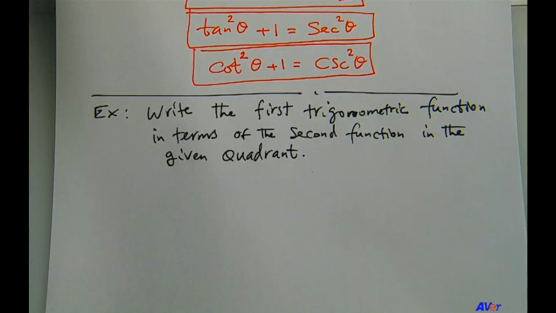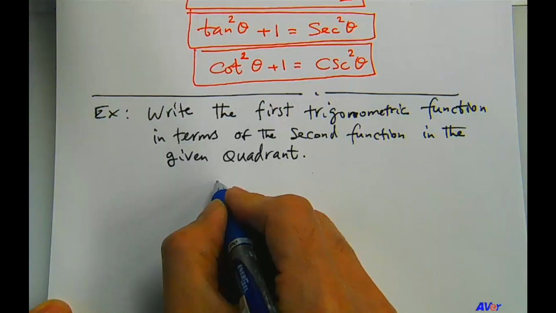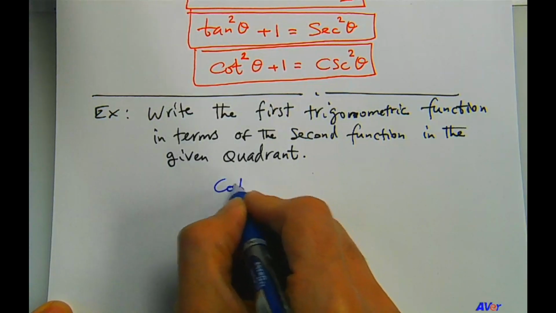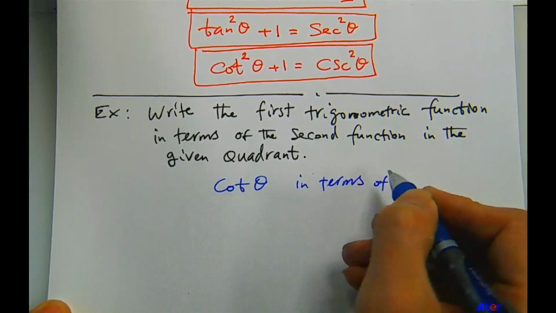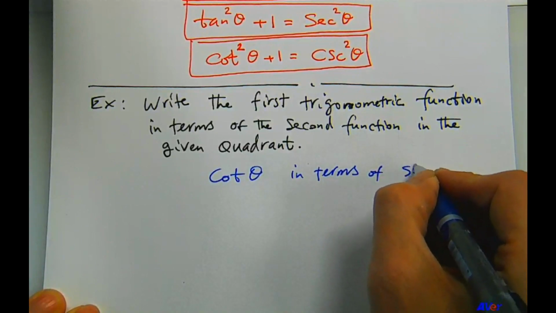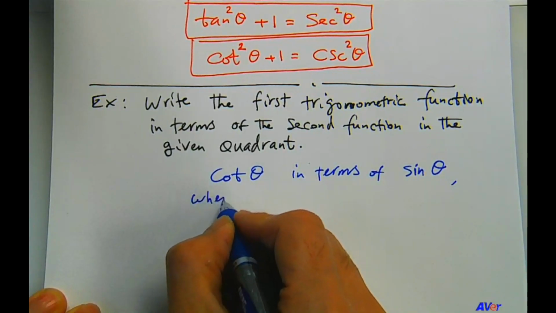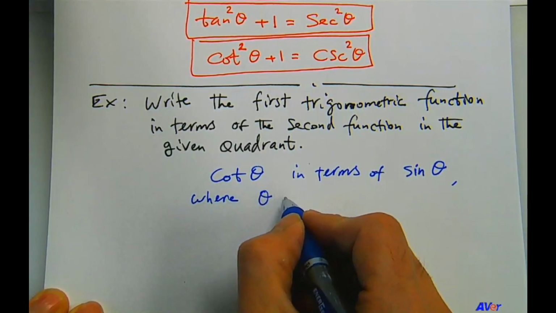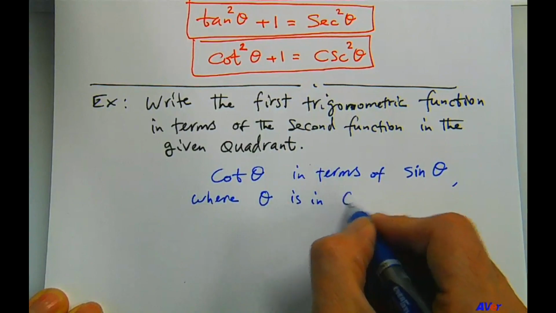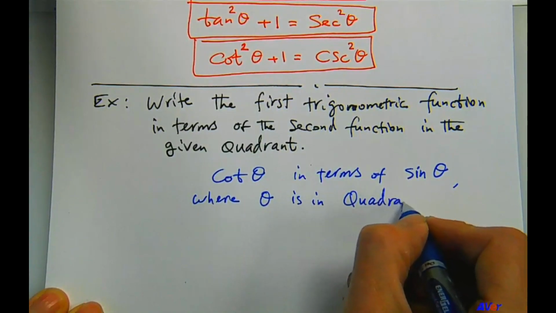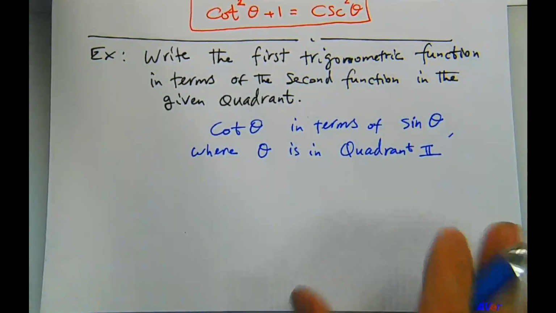So what they're talking about, first in terms of the second, is cotangent of theta, which is the first one, in terms of sine of theta, where theta, we are told, is in quadrant 2. Okay, that's what we want.